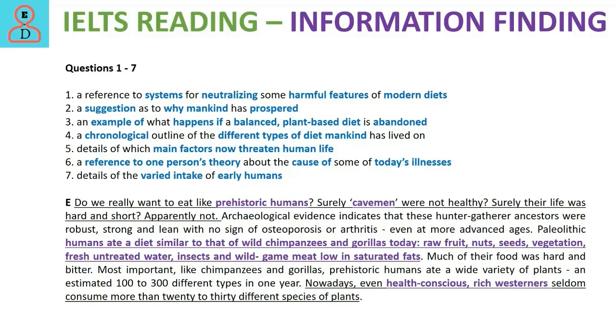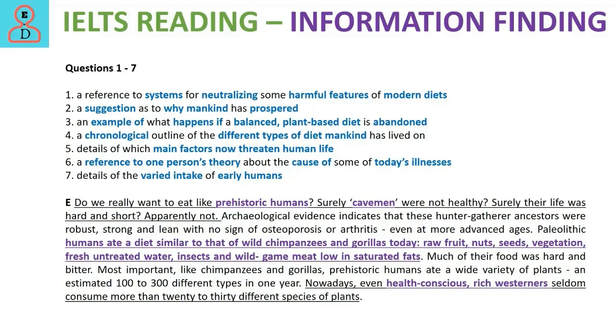Now, paragraph E is again a long paragraph. Hence, we have highlighted 2 lines at the top, 1 in the middle and 2 at the bottom. The top line talks about prehistoric humans or cavemen, which are synonyms of our keywords "early humans" in statement number 7.